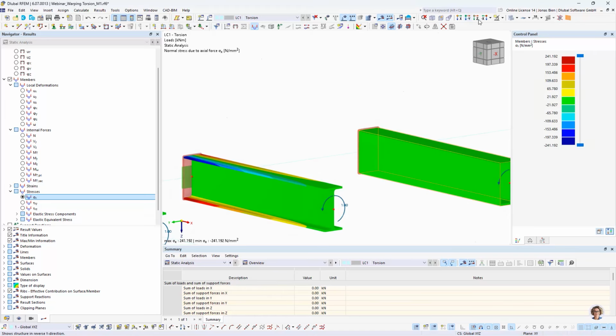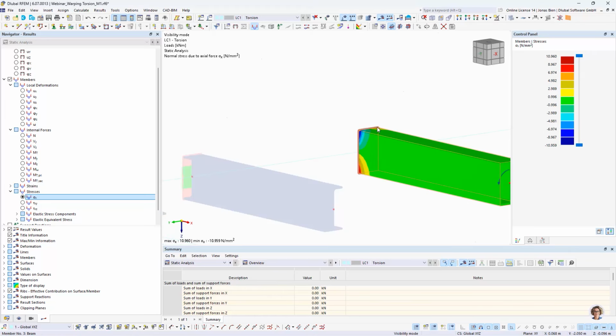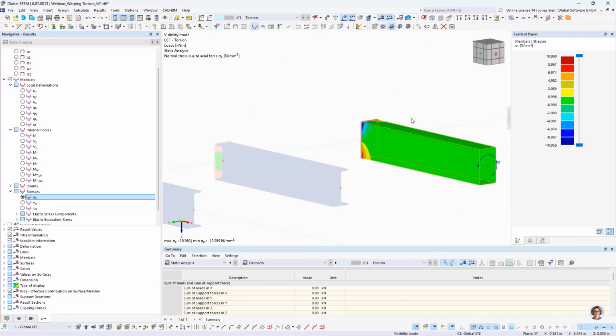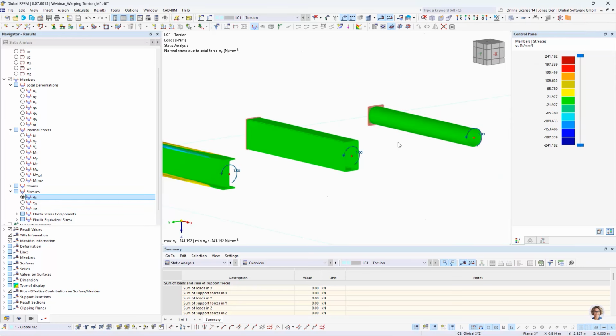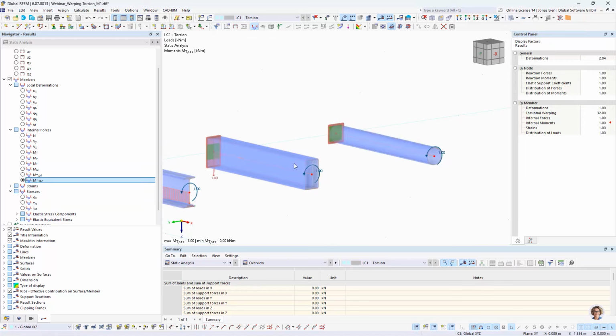So let's focus on this member just so we are able to see something on our scale. We have minus and plus 11 megapascal, which is just very small values compared to the 240 megapascal in our non-warping free section here. And then let's go on with the warping free section.